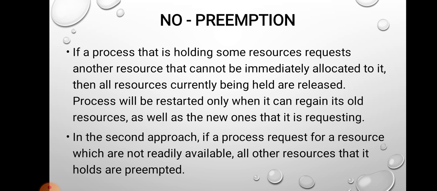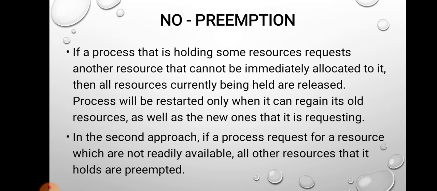When that process is going to be executed once again, it restarts execution only when it regains the old resources along with the new resources in a single request, without waiting.